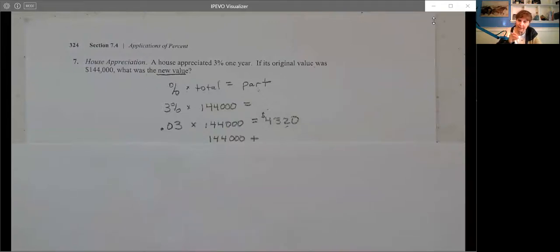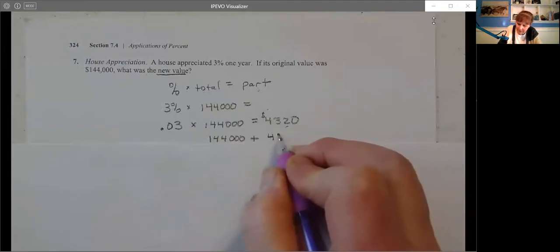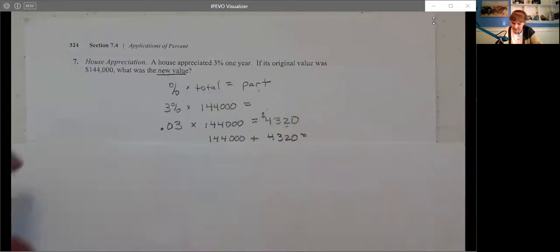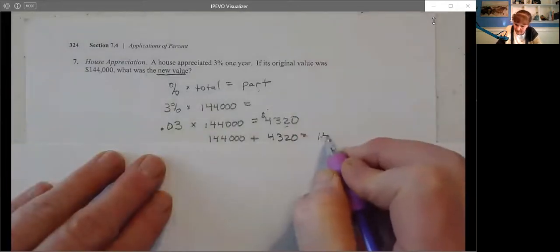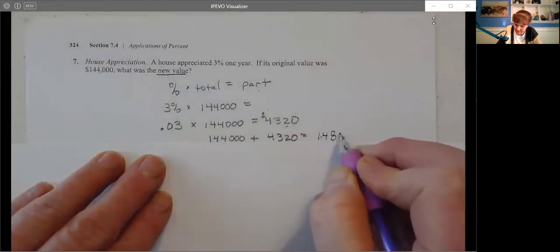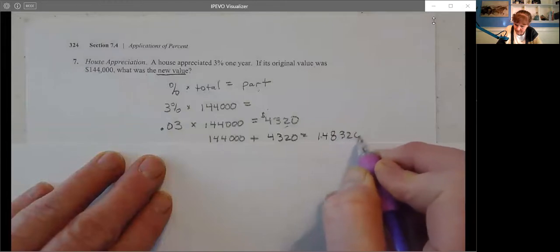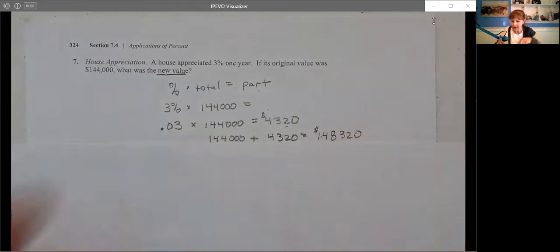Depreciation, I would have subtracted, it's a loss. So 4,320. When we add those together, we end up with $148,320. That's the new value. I just added these together.